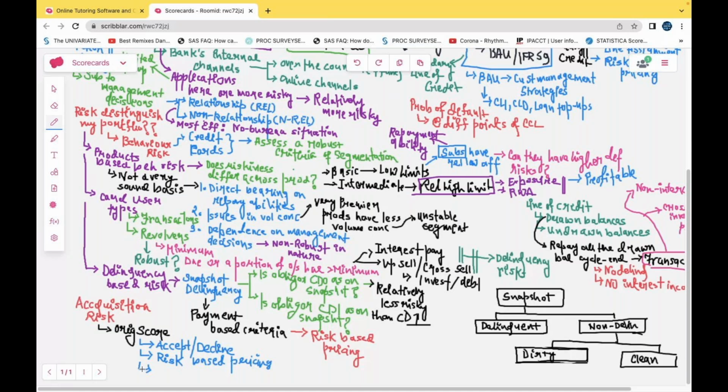Okay, we have the risk based pricing. And the third area where it is used is the limit assignment.